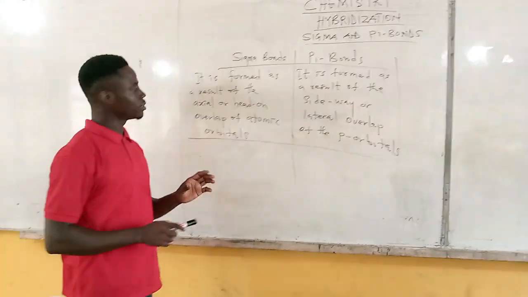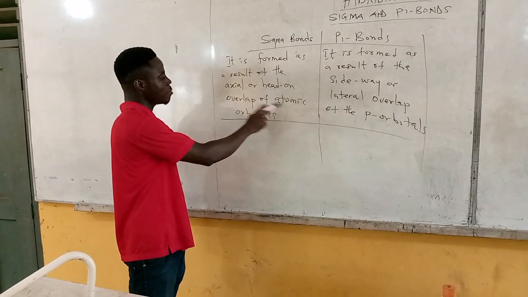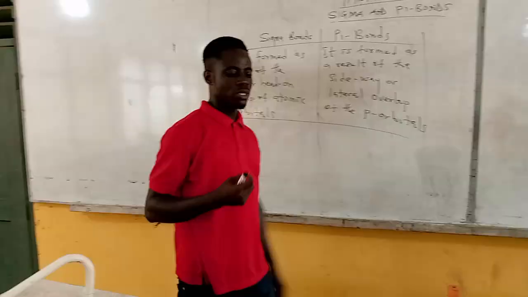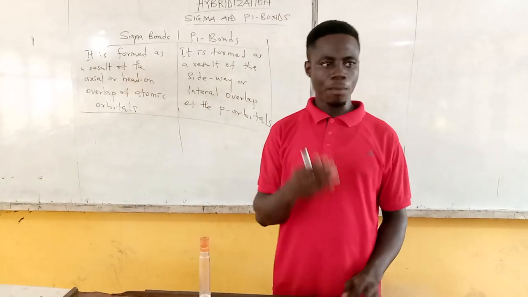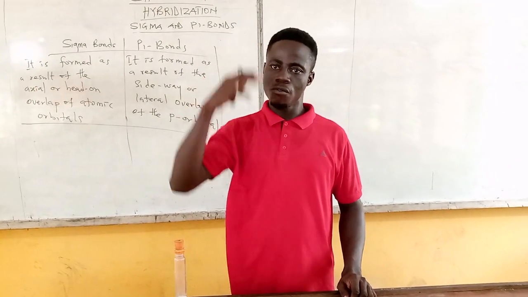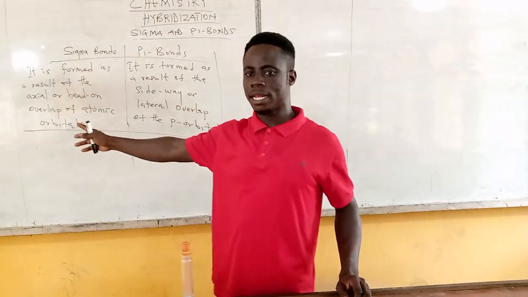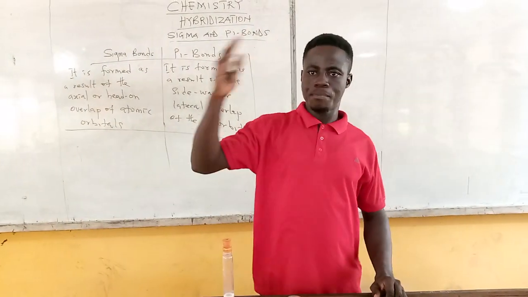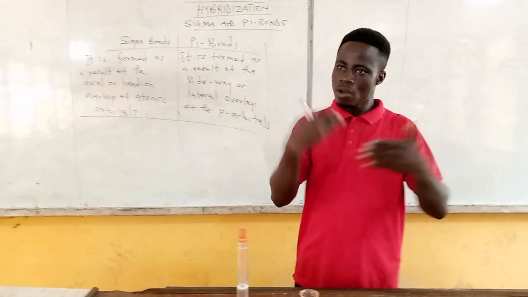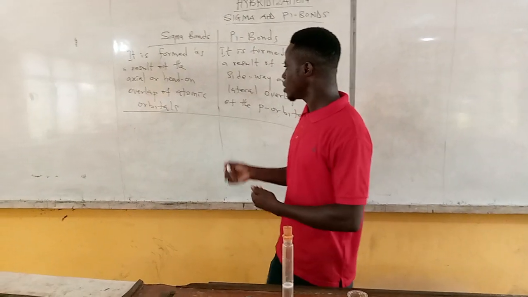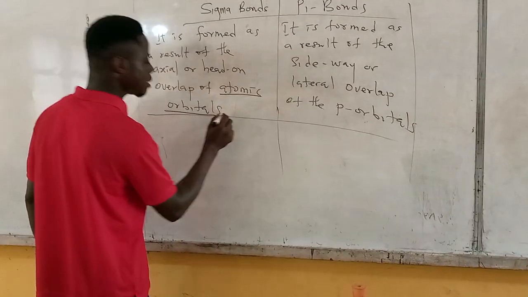The sigma bond is formed as a result of the axial or head-on overlap of atomic orbitals. Why are we using the word atomic orbitals? We are using the word atomic orbitals because for sigma bonds to be formed, we have about three or four conditions. It is formed between an s and s orbital, that is one case, or an s and a p overlap, that is another, and then p and p overlap, that is another. So we prefer to use the words head-on overlap of atomic orbitals.